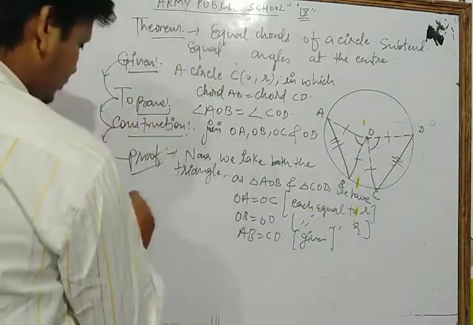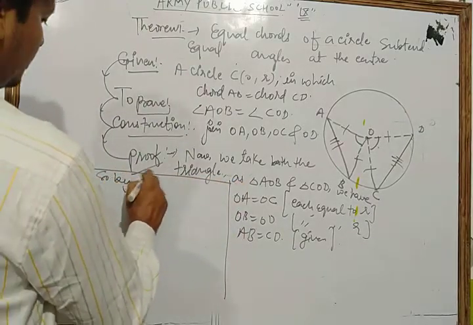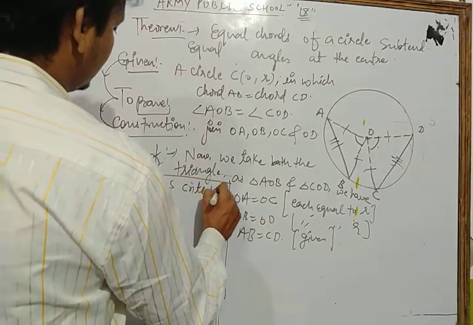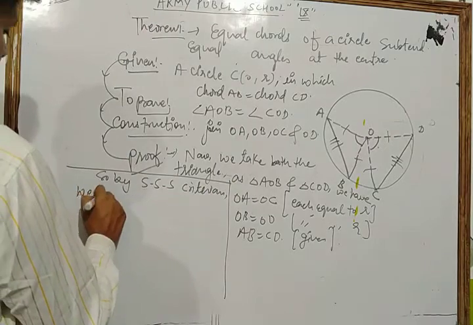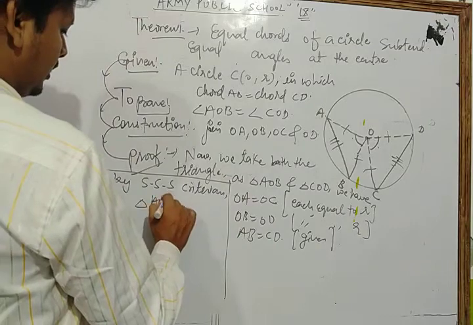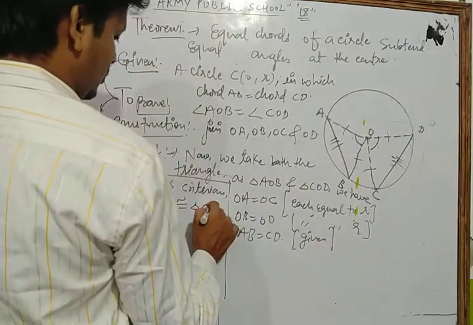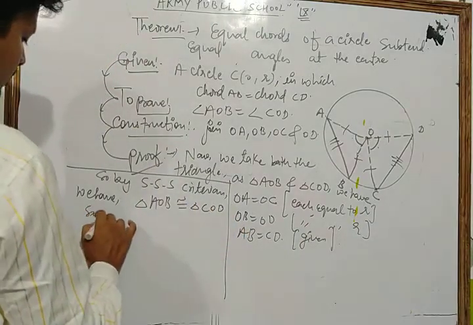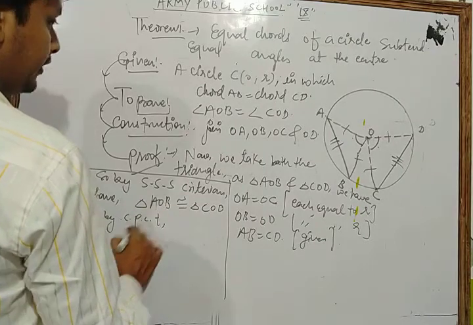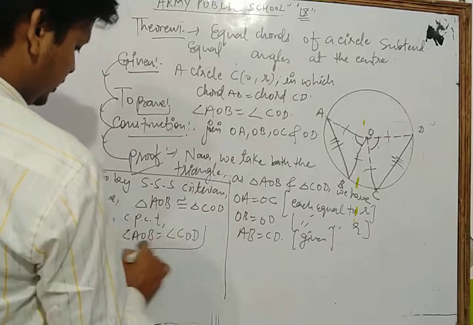So by SSS criterion, we have triangle AOB congruent to triangle COD. So by CPCT, we get angle AOB is equal to angle COD.